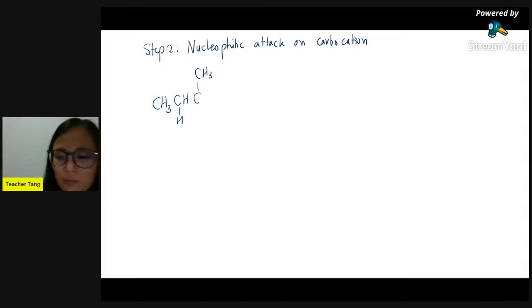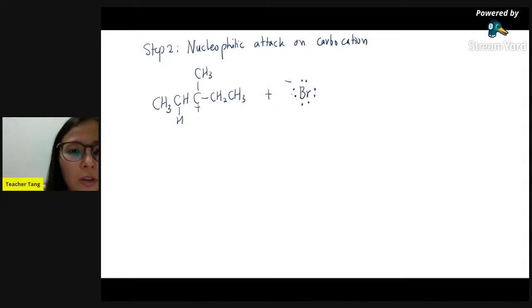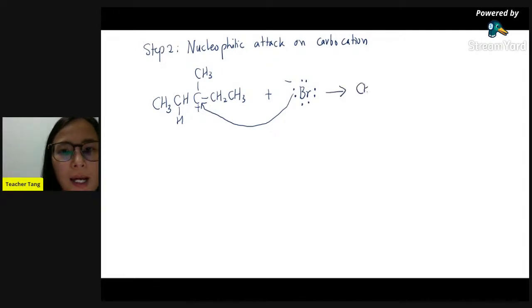So CH2, CH3. So here is the positive charge, and then the nucleophile is the bromide ion. Okay, so the bromide ion will use the lone pair to form bond with the carbon, so to give you the product.